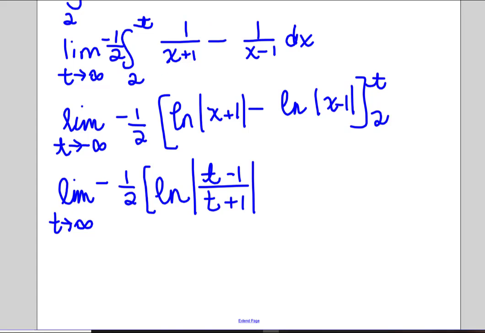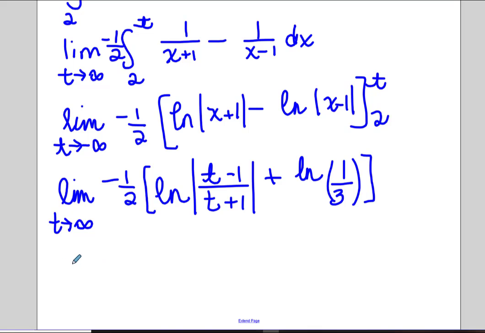And then distributing that negative, we've got natural log of 2 minus 1. This would be in the numerator because that would be positive. And then this would be in the denominator using the log properties. So that would be negative. And then the half is out there.